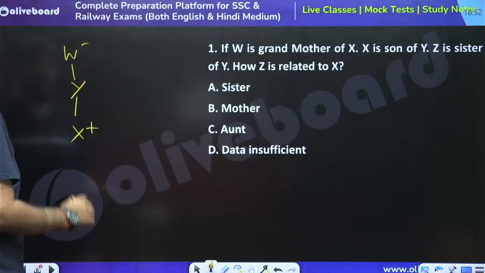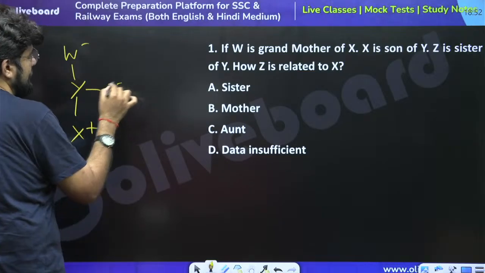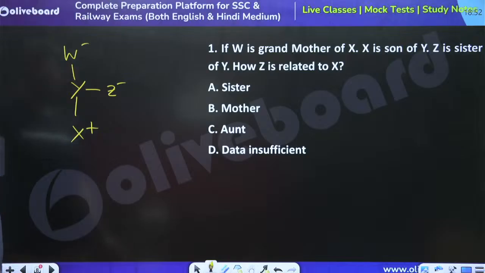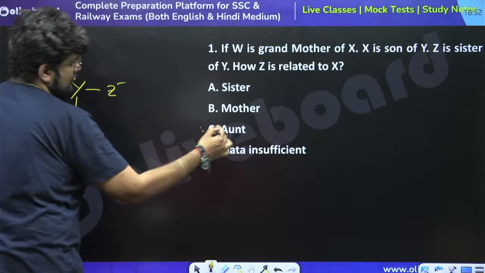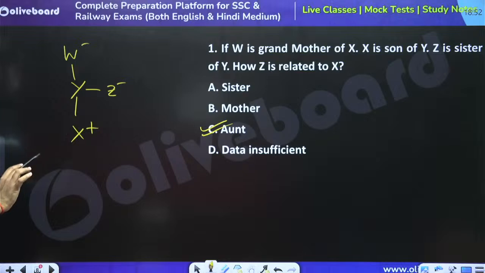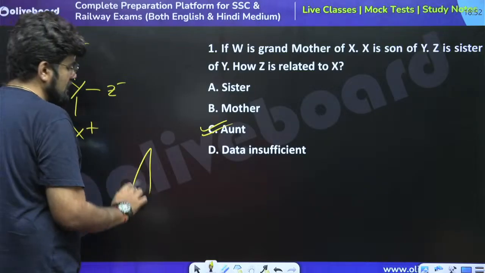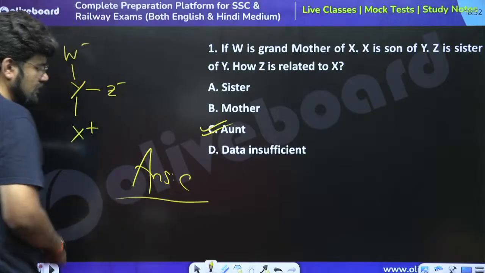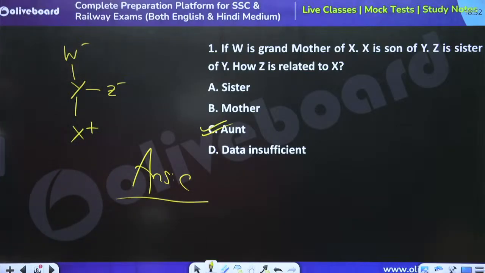Z is the sister of Y. How is Z related to X? Z is the aunt, even if Y was a woman, aunt. Even if Y was a man, aunt. Can we say Z is a paternal aunt? No. Can we say Z is a maternal aunt? No. But Z is an aunt? Yes, for sure. So option C is the correct answer. Clear? Next.